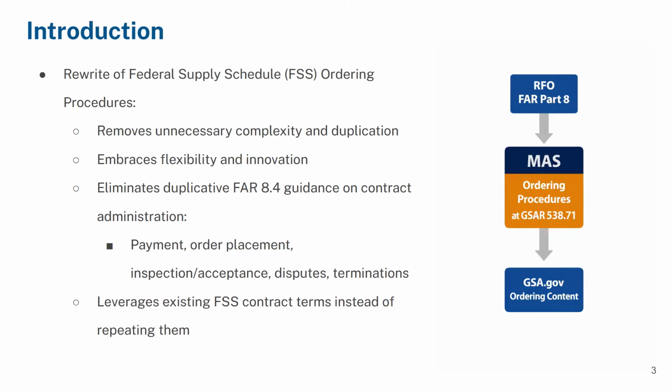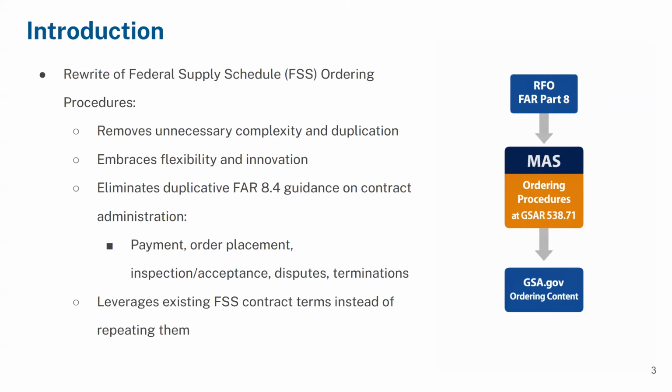So some of the highlights in terms of the intent of rewriting those procedures: removing complexity and duplication, embracing flexibility and innovation, certainly eliminating duplicative 8.4 guidance. If you look at the graphic on the right, the RFO FAR Part 8 is published on acquisition.gov.